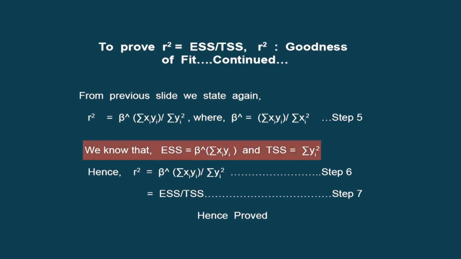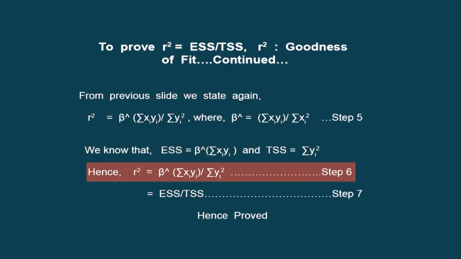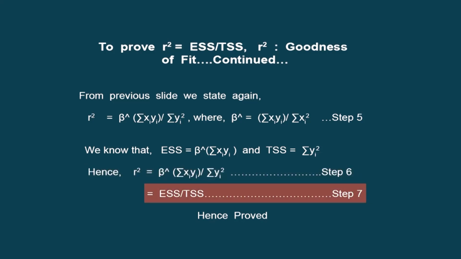We know that explained sum of squares can be the numerator, which is already derived, and total sum of squares is summation of yi square. So these two expressions are known to us. So hence we can write R square equals summation of xi yi by summation of yi square, which is basically the repetition of step number 5. And now we can put down the respective expressions of ESS divided by the TSS.